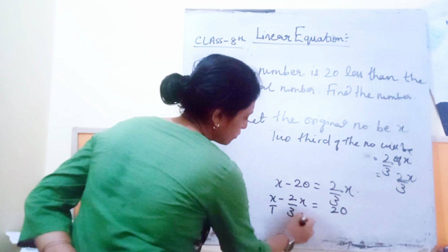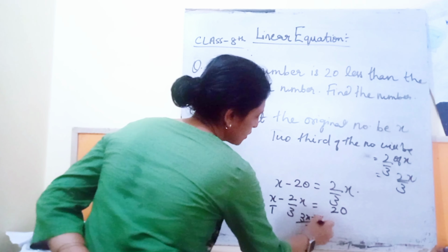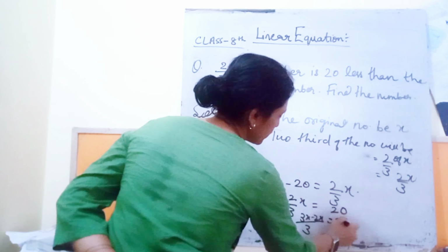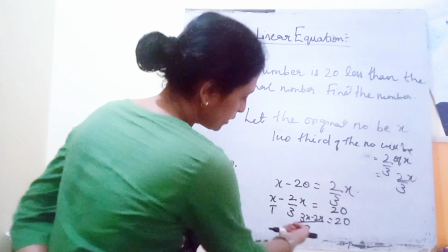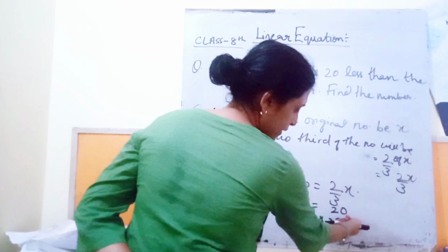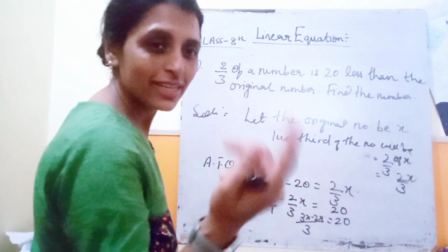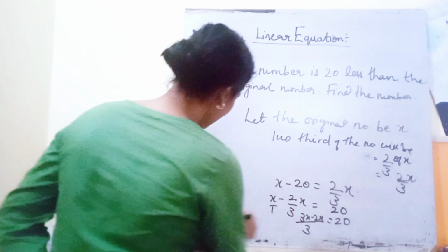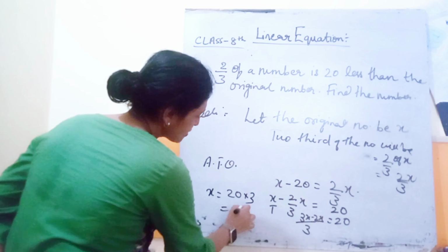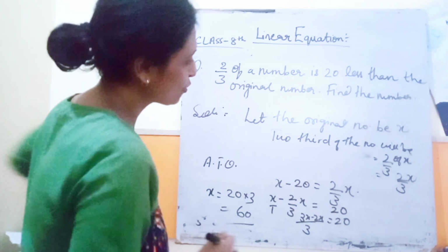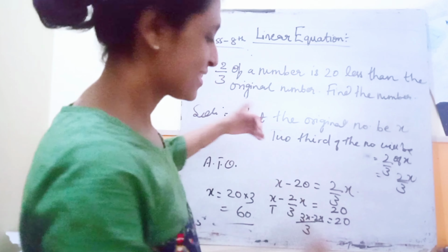So it becomes 3x minus 2x is equal to 20. 3x minus 2x is x only, and the 3 which is dividing, when it transfers to the other side, gets multiplied with 20, so x is equal to 20 into 3, that is 60. So children, the original number we got is 60.